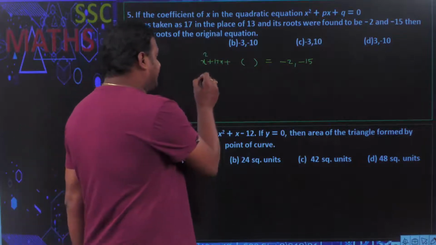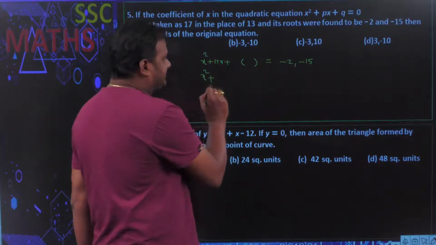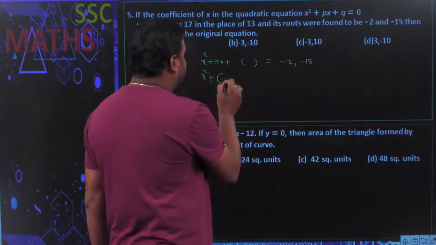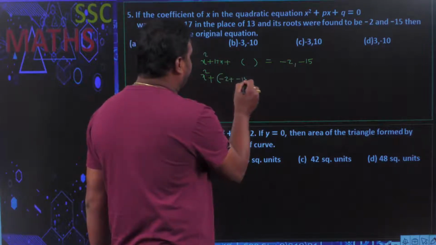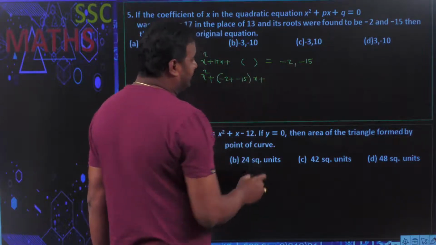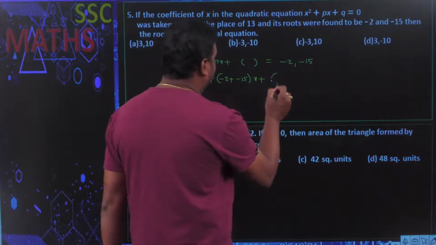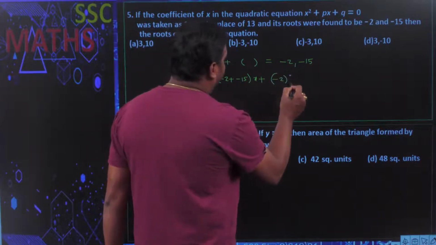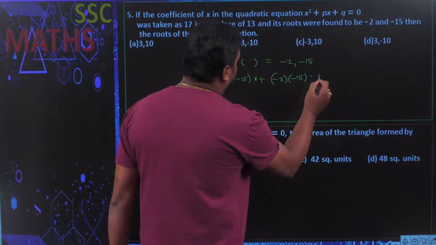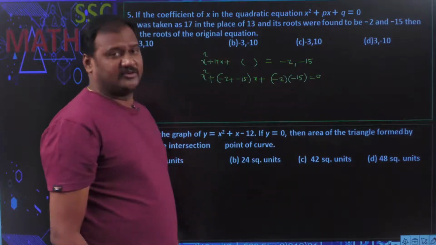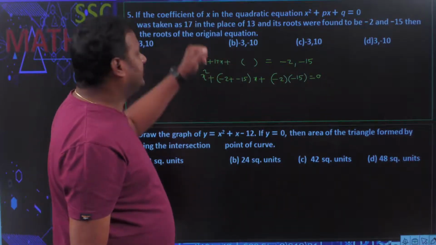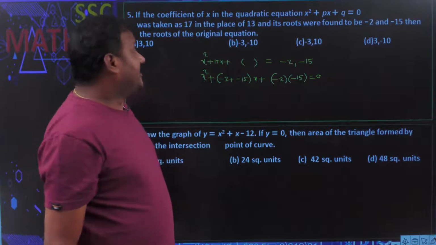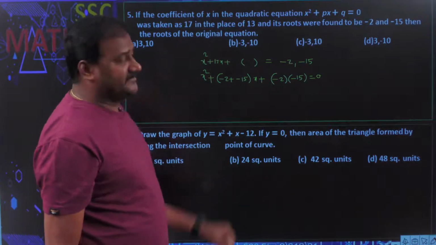You can write this as x square plus the sum of these two roots, that is minus 2 plus minus 15, times x plus the product of roots. The product of roots is minus 2 into minus 15, which is 30. So this was the quadratic equation. According to this, the coefficient is 17, but the coefficient should be taken as 13.